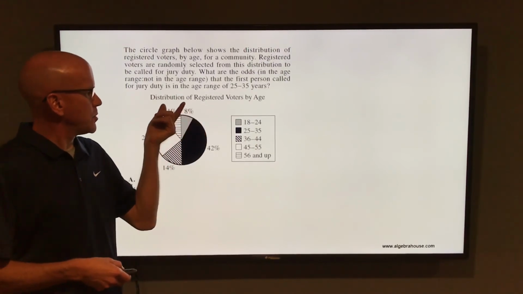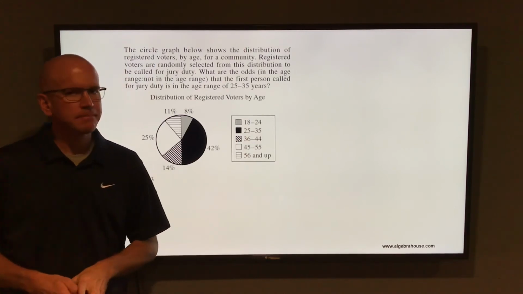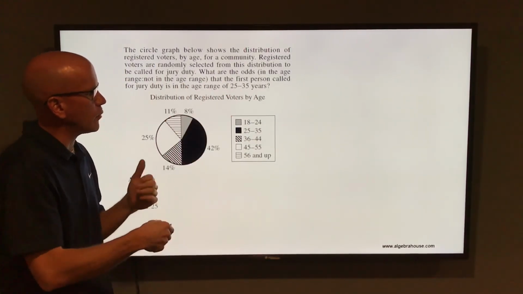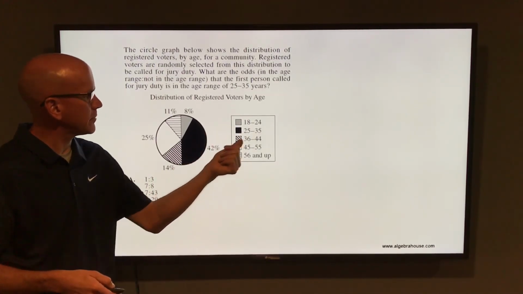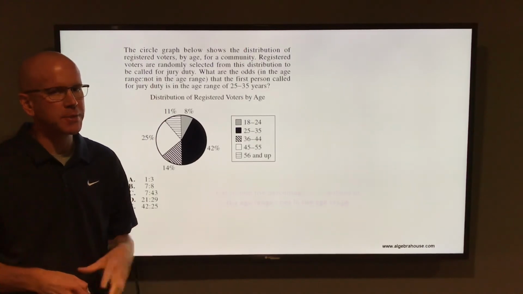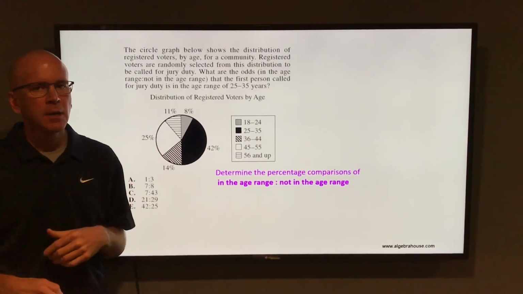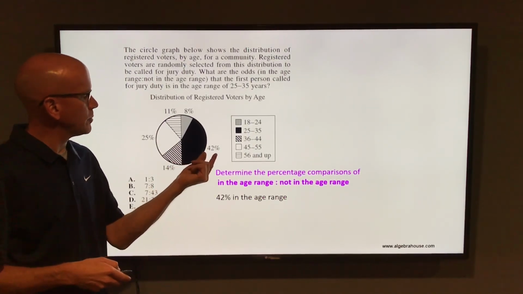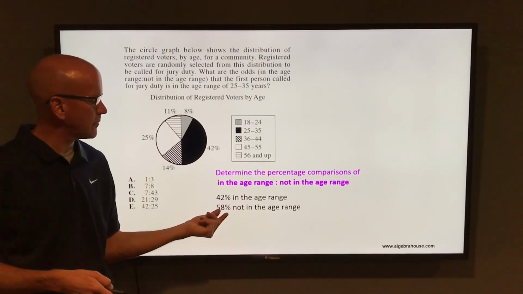So here you have the distribution of registered voters by age. You have the circle graph. You have the age ranges. So you're looking at in the age range of 25 to 35 versus not in the age range. The in the age range is all black here, it's 25 to 35, that's 42%. Not in the age range would be all of the others. So the ratio of in the age range to not in the age range would be 42% to all of these others added together, and all of those others added together is 58.